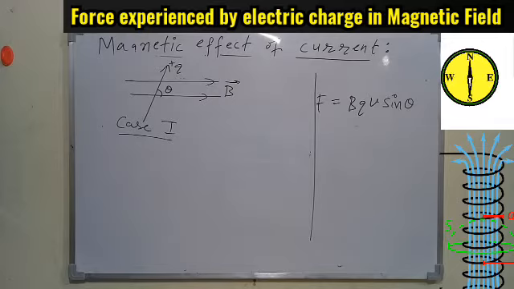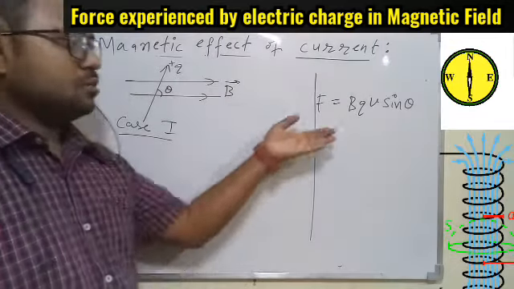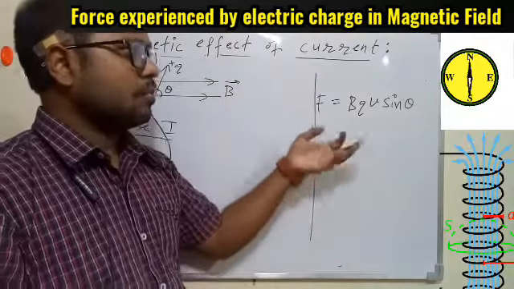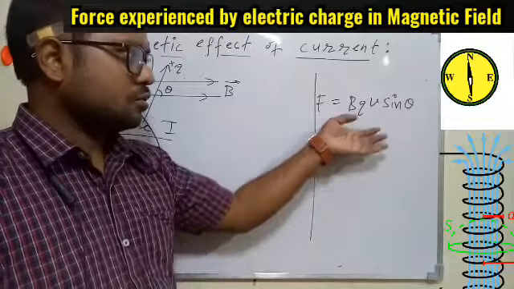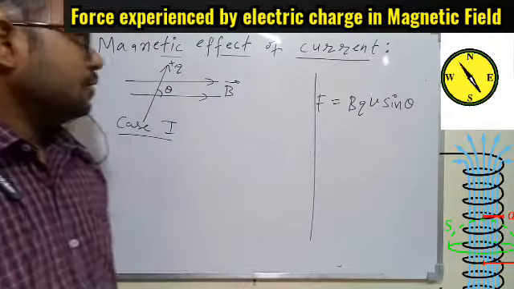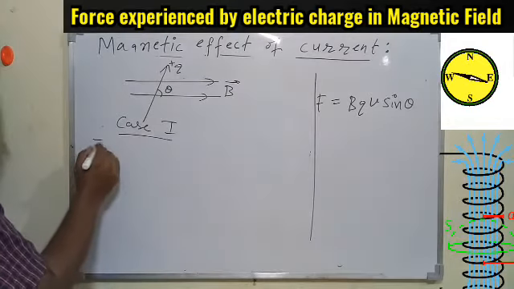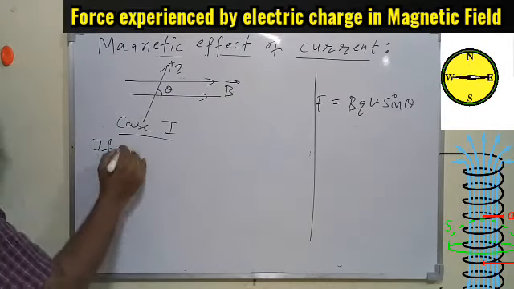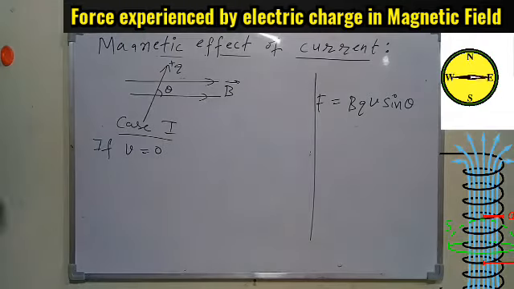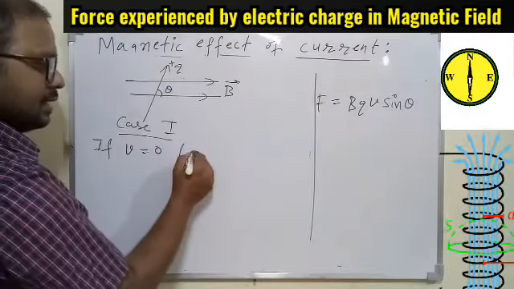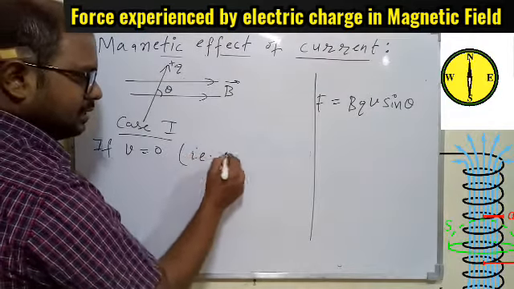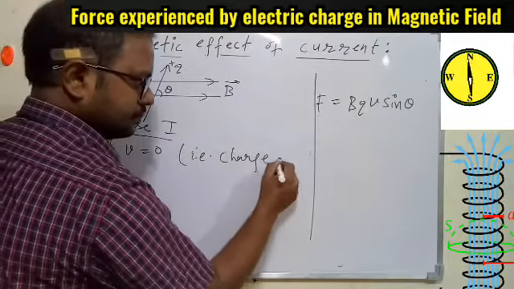Case 1. Now we are going to understand, based on this formula, in which case the force will be maximum, minimum, and no force. This will answer all the questions. Very first, if V is 0, that means the charge is at rest.